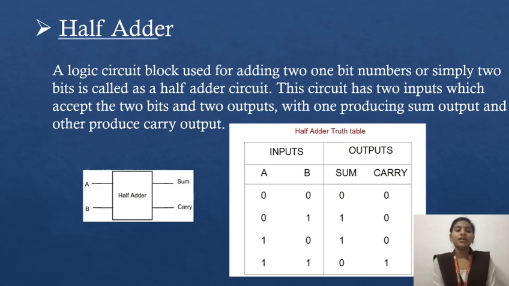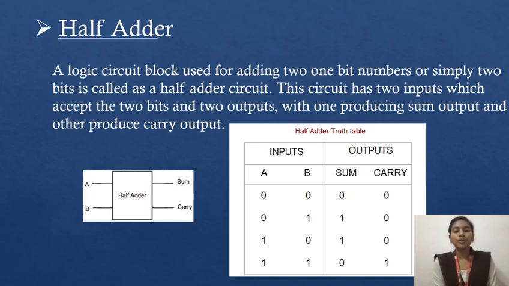A half adder is a logic circuit block which is used for adding two 1-bit numbers, such as 0 and 0, where one 0 is a 1-bit number and the other 0 is a 1-bit number, or simply two bits. This circuit consists of two inputs which accept the 2 bits.